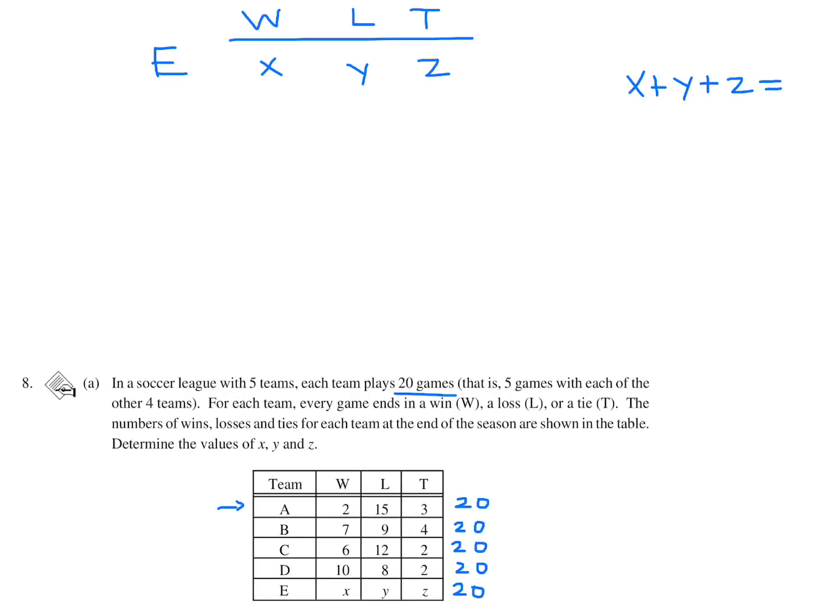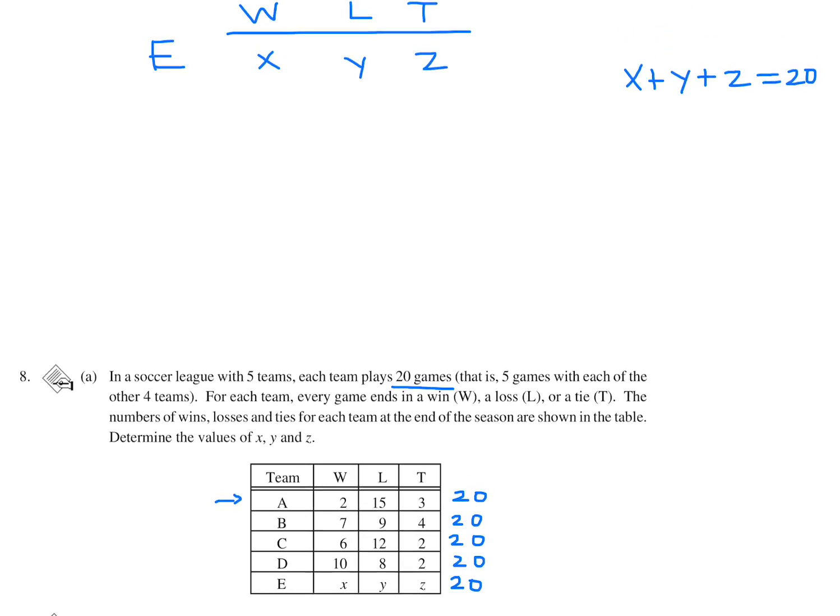So that's the first piece of information that we can come up with from the question and the table. Anything else? Well, how about if we look at all of the wins and all of the losses. So look at the entire table and look at the win column.